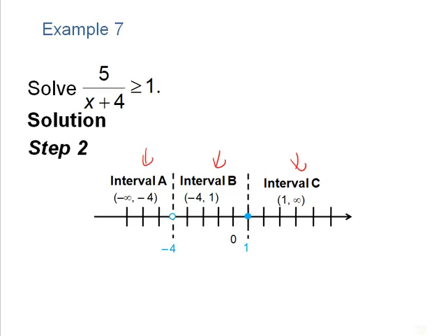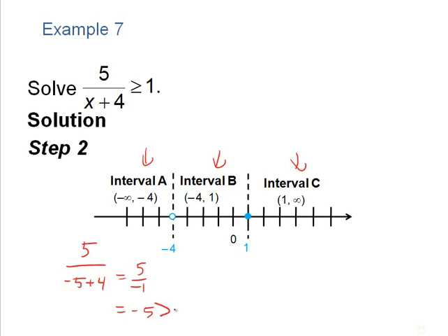So the idea is to always pick the easiest numbers possible. In this interval, any whole number is going to do. So let's pick -5. If we plug -5 into this function, we get 5 over -5 plus 4, which is 5 over -1, which is -5.